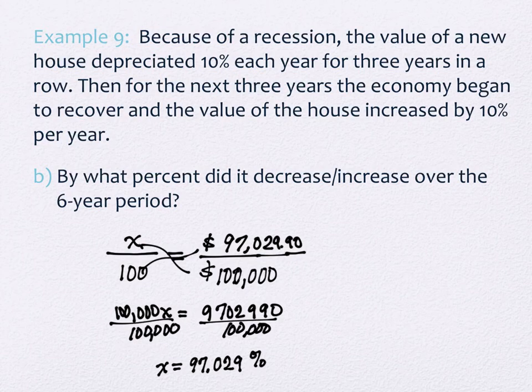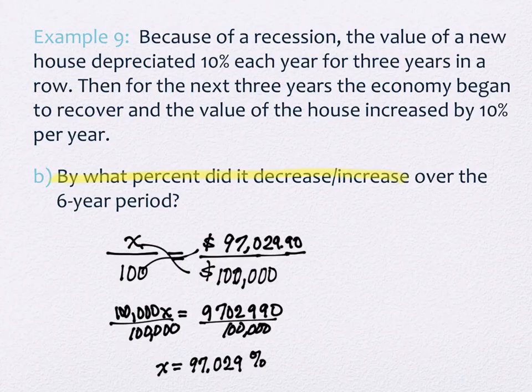What was the question that was asked? What did it say? Yeah, what percent did it increase or decrease? It started at 100% and now it's at 97%. That's less. But how can we use those values to figure out the amount that it decreased? Subtract them, right?